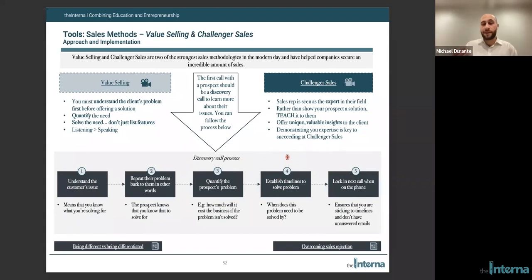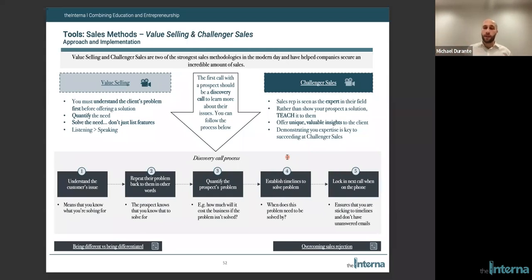When does this problem need to be solved by? If it's a regulatory thing, for example, there might be a regulation coming in at a certain period where they need to find a solution before the end of that period. What happens if they don't solve it in that time? In our previous example, there was a cost of £10 per week, so over the course of that year, that was £520. We're starting to quantify that and put a timescale on it.